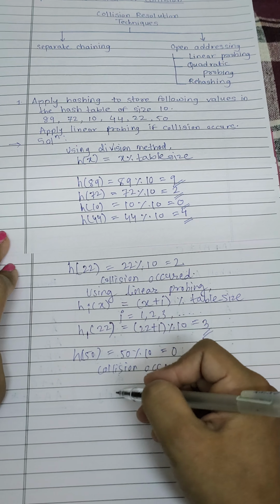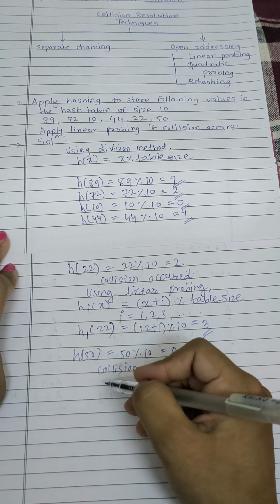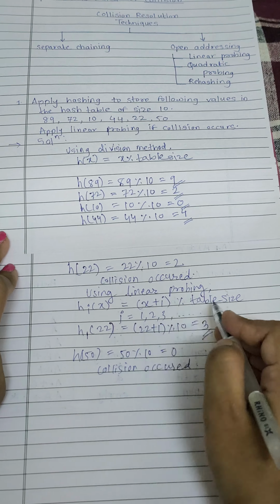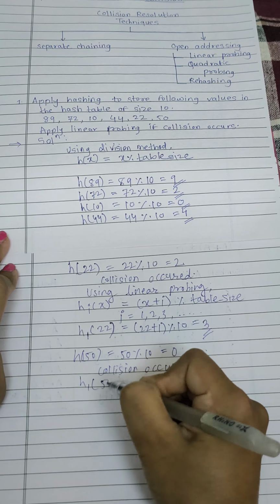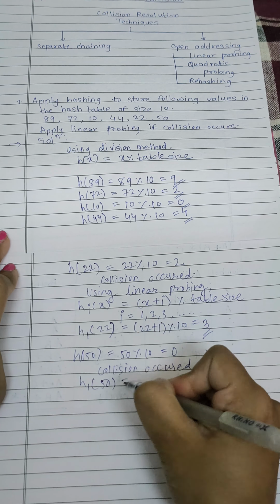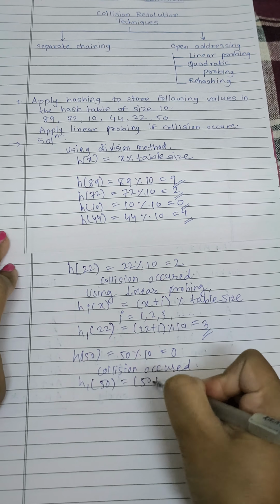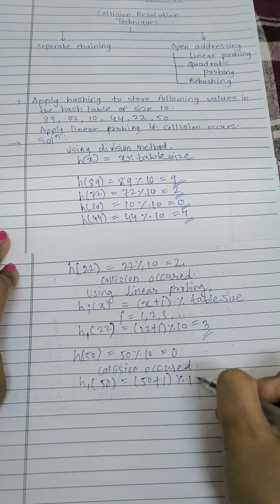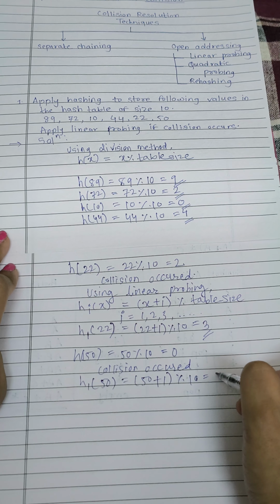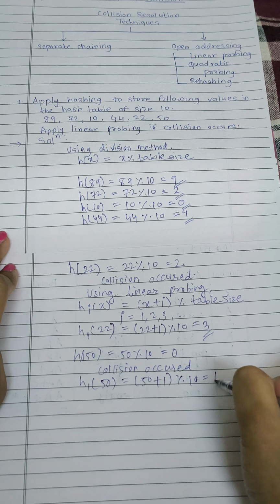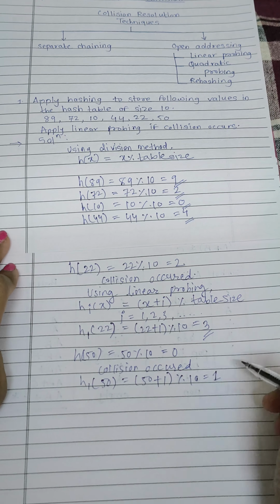And again we will use the same formula, so I am not repeating the formula. I hope you have understood this part till now. So I'll just directly put the values. h1 of 50 equal to 50 plus 1 mod 10. So 50 plus 1 will be 51, and 51 mod 10 will give us index 1.